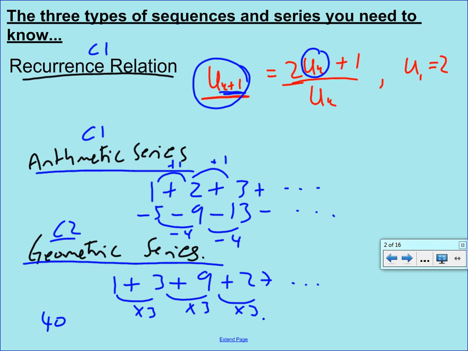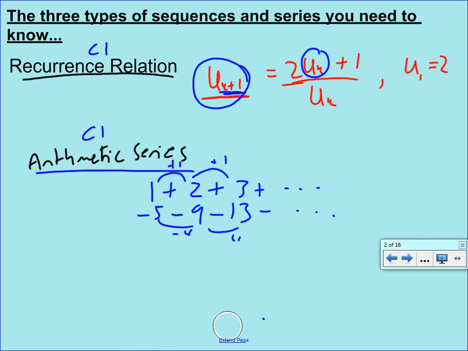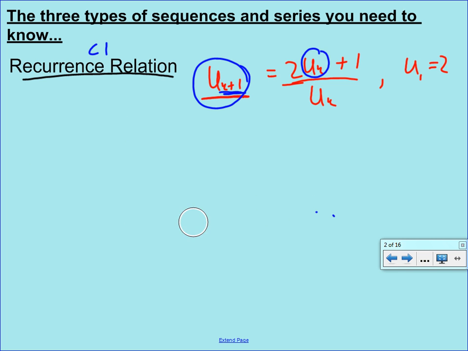So let's say 40 minus 20 plus 10, the relationship is times minus a half, times minus a half. Do you see? So geometric is when you're multiplying by something each time. Arithmetic is when you're adding or subtracting something each time, whereas a recurrence relation is building up your new terms based on some relationship with your old terms.